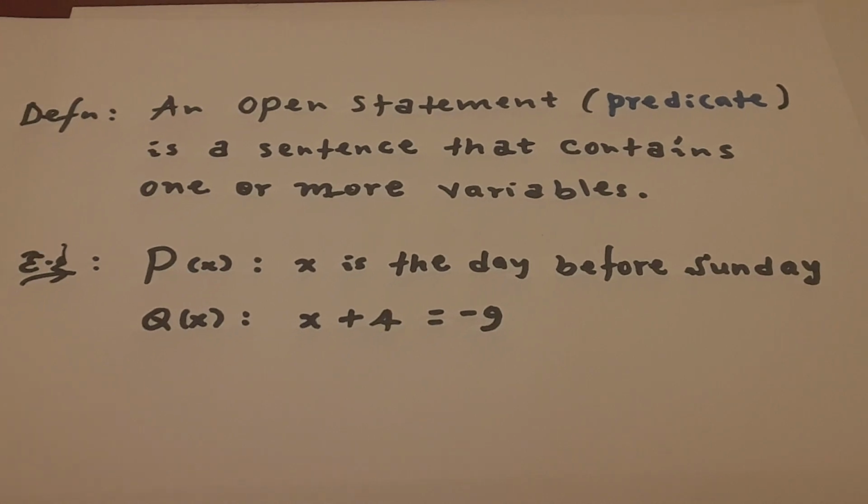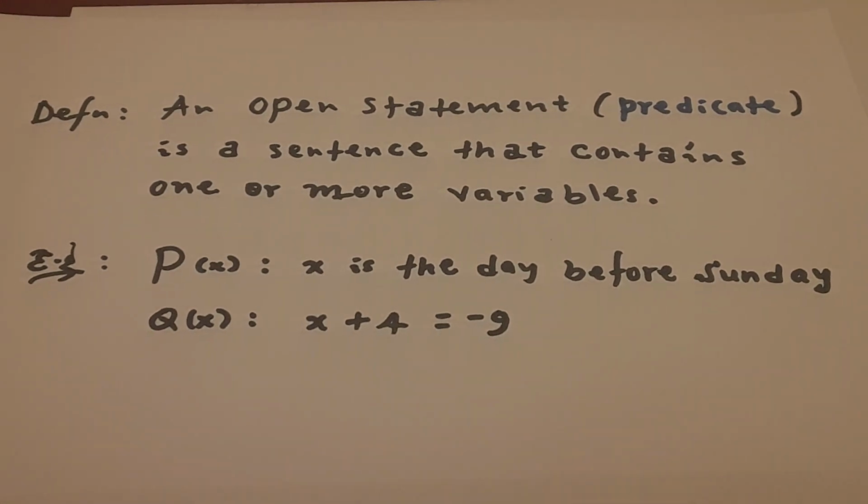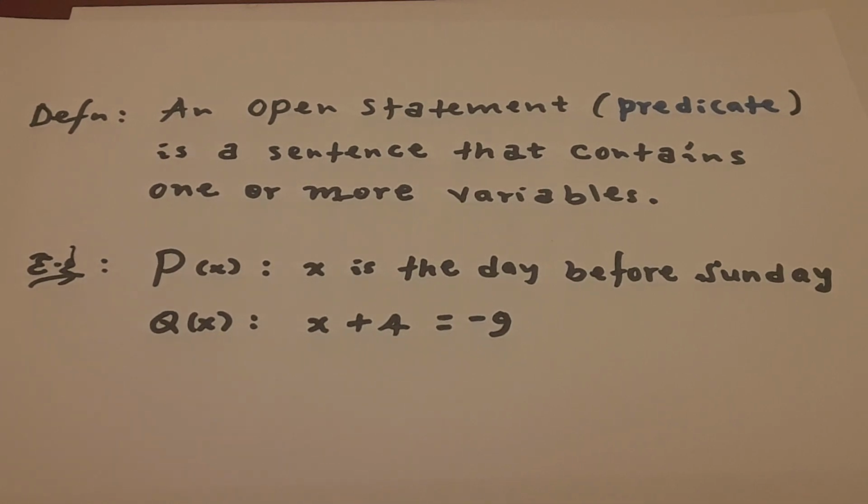So basically, an open statement is a sentence that contains one or more variables and whose truth value depends on the values assigned to the variables. Here, if you assign X equals minus 13, minus 13 plus 4 is minus 9, so the open proposition Q is true and becomes a proposition.